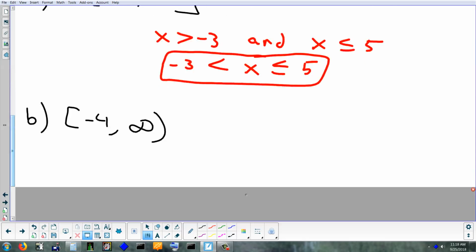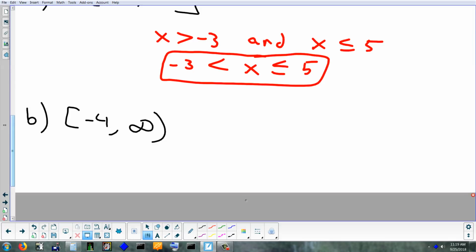Alright, so Emily, do you think you could help me write that one as an inequality? Would that be x is less than or equal to, or no, it would be greater than.